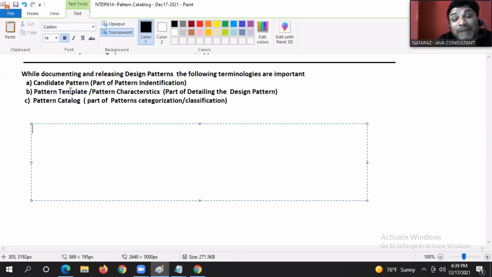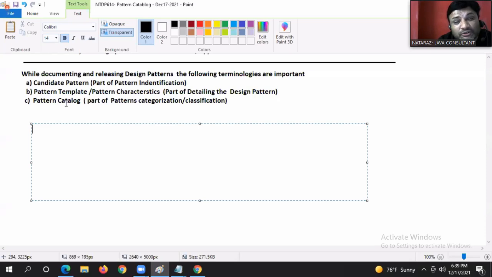Already available pattern information is there in the form of a pattern catalog. Then you will take your 10 candidate patterns and compare each of them in the existing pattern catalogs like Gang of Four patterns, JEE patterns, microservices catalog.